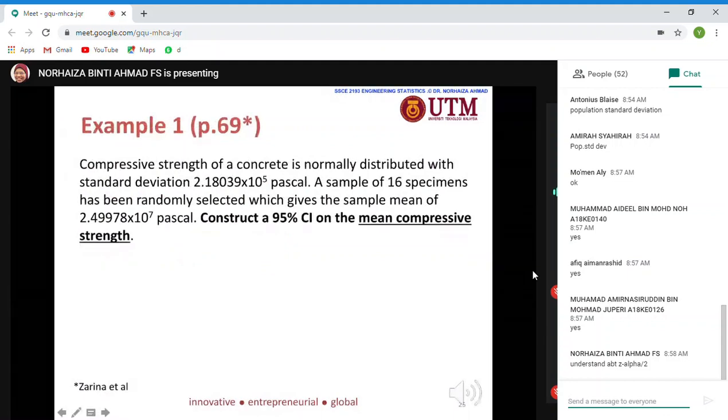So the first thing that you need to do is to understand the question. So here the question is asking for the 95% confidence interval for the mean.